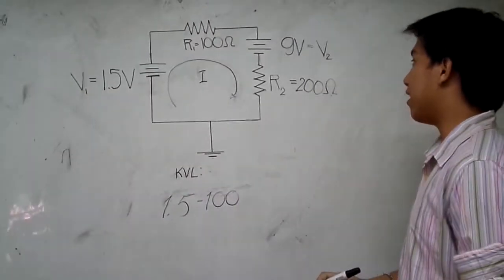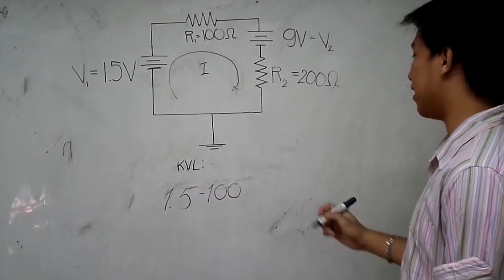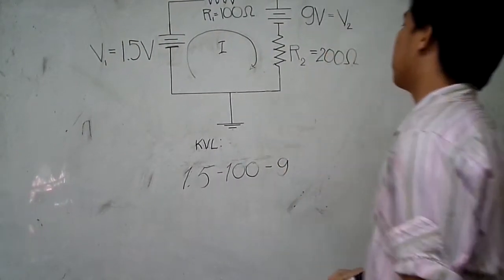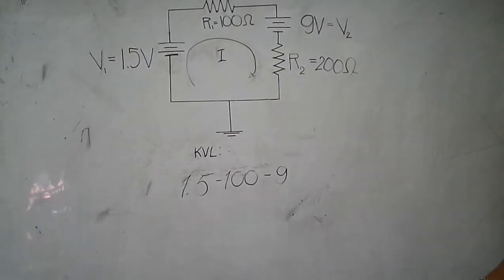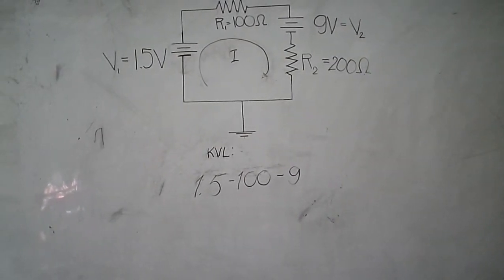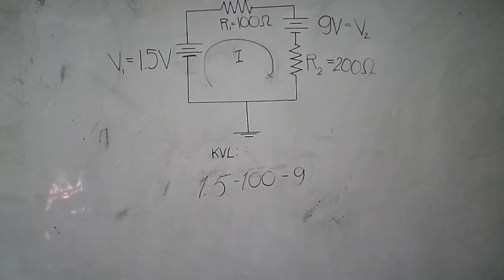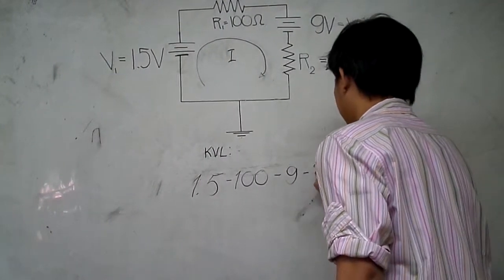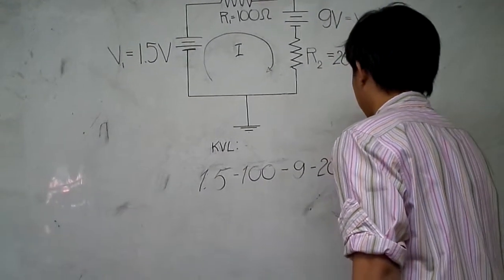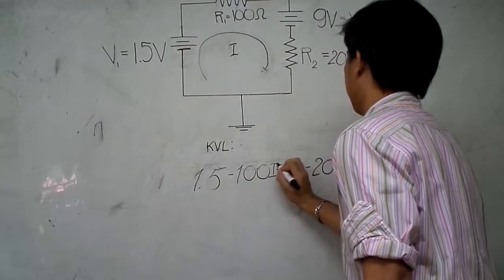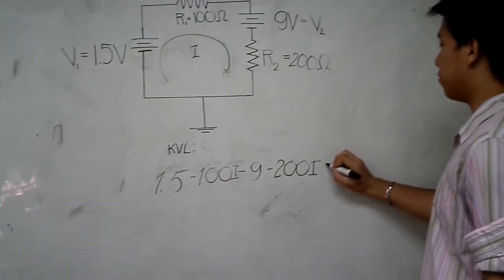We can write it as negative 9. For the last one, R2, the loop enters the positive polarity and exits to the negative polarity, so we can write this as negative 200 I. And we should equate it to 0.